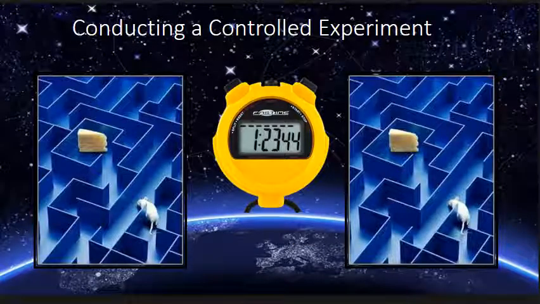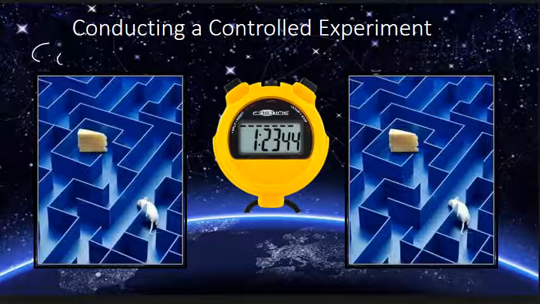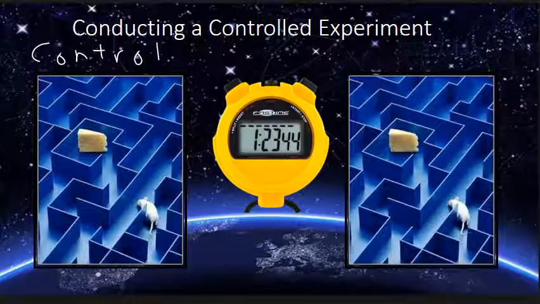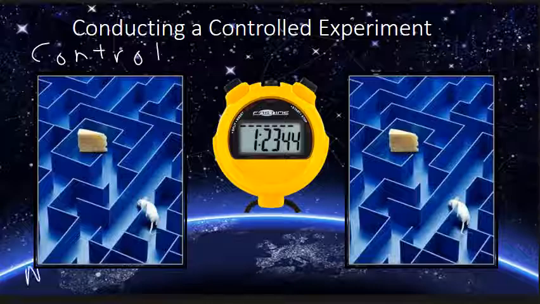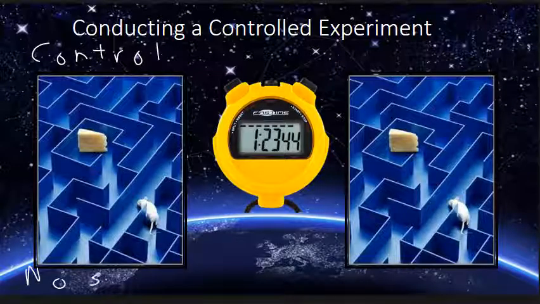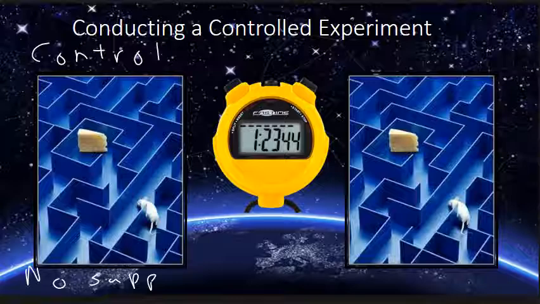So if you're conducting a controlled experiment and you have your mice running through a maze and you've got all your controls, one group, your control group, they might get no supplement.